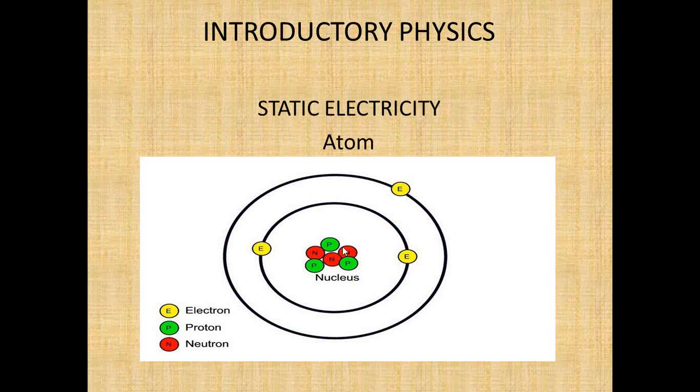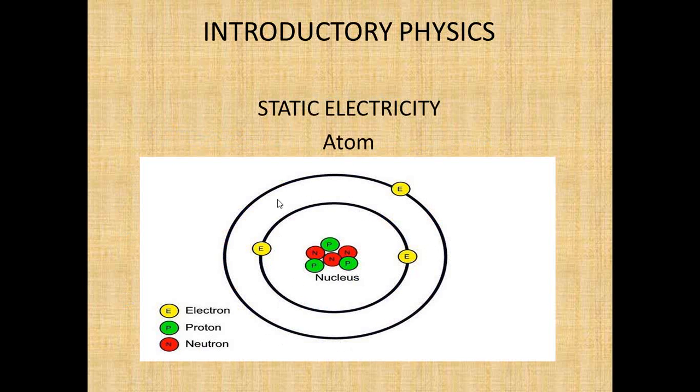So you have the nucleus, which is in the center. It's dense, tightly packed with positive protons and neutral neutrons. So this is the nucleus. And then surrounding the nucleus, at different orbits, at different radii, you have these electron shells.